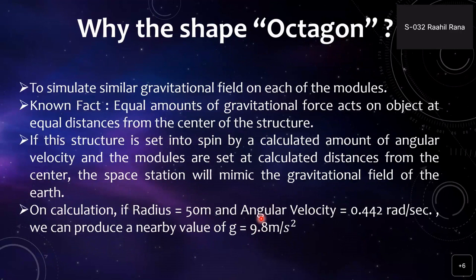And as per calculations, across the diameter of our modules, we get a difference from 9.8 meters per second square to 10.38 meters per second square. And across the linear direction of modules, we get a difference of 9.8 to 9.823 meters per second square, which is not much, which is great for sustainability.